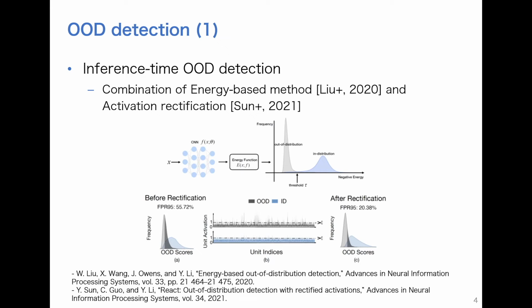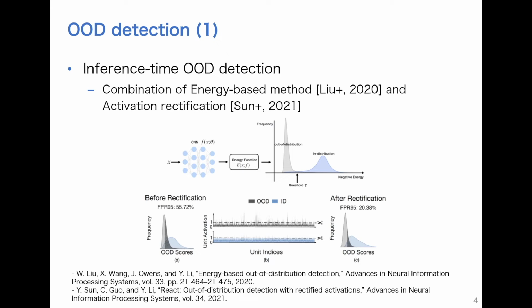The energy-based method uses a scoring function based on energy instead of softmax to discriminate in-distribution and out-of-distribution data. In the activation rectification, the outsized activation of a few layers can be attenuated by rectifying the activation at an upper limit. After rectification, the output distributions for ID and OOD data become much more well separated.